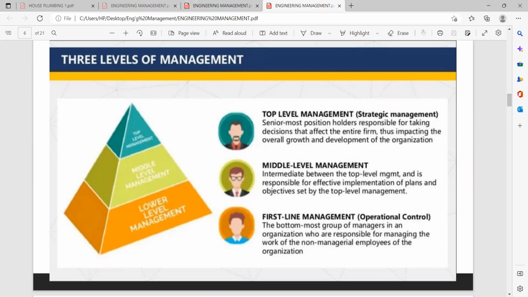So sa top management, it is the senior-most position holders responsible for taking decisions that affect the entire firm, thus impacting the overall growth and development of the organization. So top level management, ito yung mga board of directors. Okay. So kumbaga level na yung may-ari or mga stockholders and mga chairmans and etc.